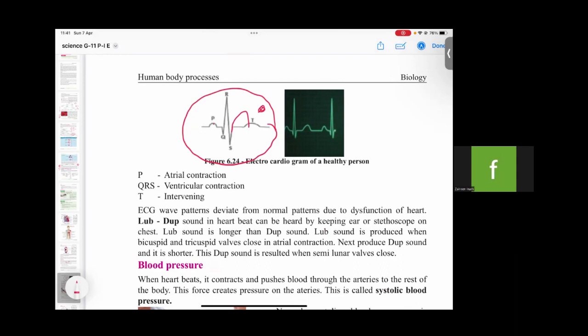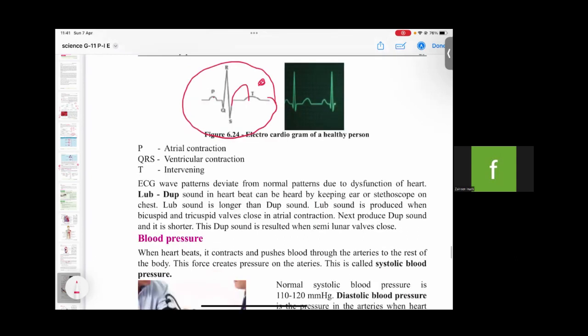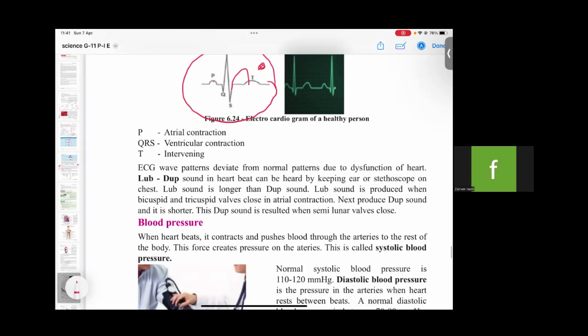There is something called the lub-dub sound in the heartbeat. Whenever you keep a stethoscope on the chest, you can hear lub-dub. Note that the lub sound is a little longer than the dub sound. The lub sound is produced when the bicuspid and tricuspid valves close in atrial contraction.